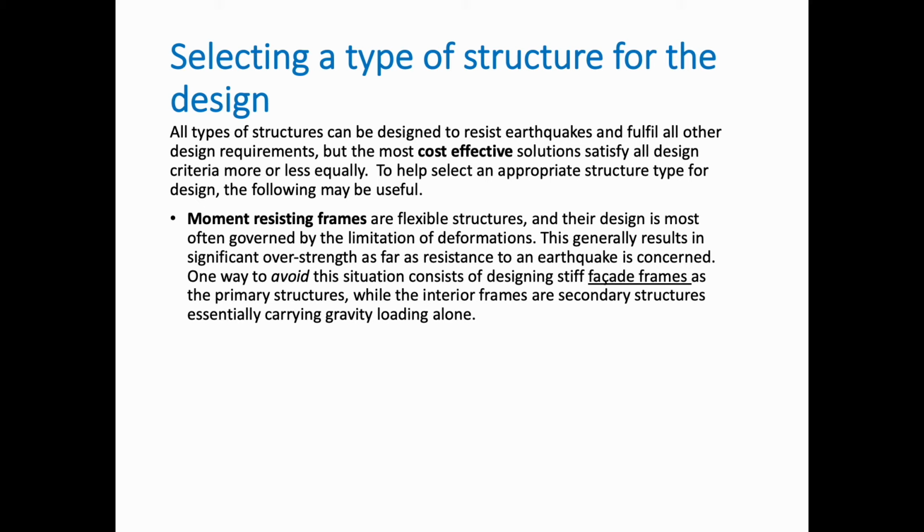This generally results in significant overstrength in order to avoid having deformations. One way to avoid this situation consists of designing a stiff facade frame as the primary structure in the perimeter of the building, while the interior frames are secondary structures carrying the gravitational loads. And this is pretty often, especially for high-rise buildings, what we see.